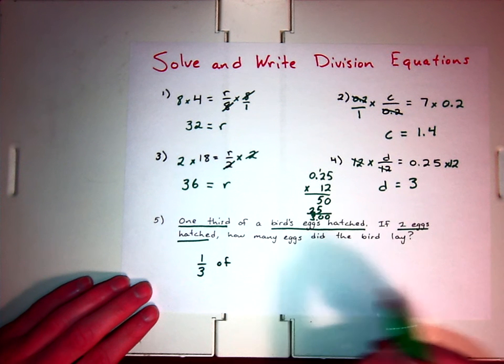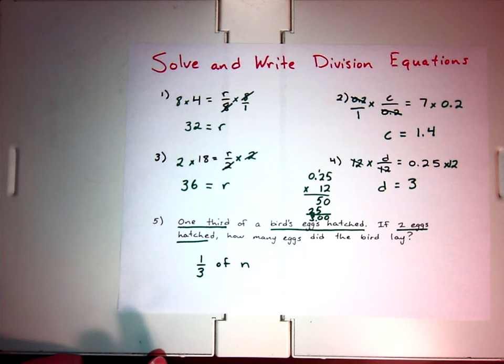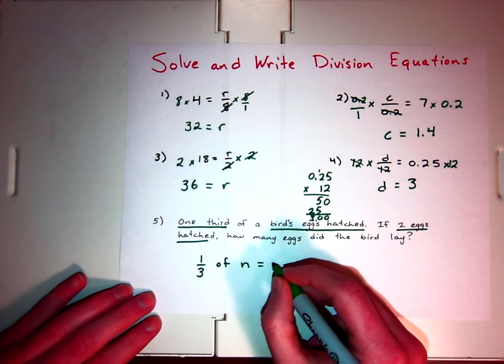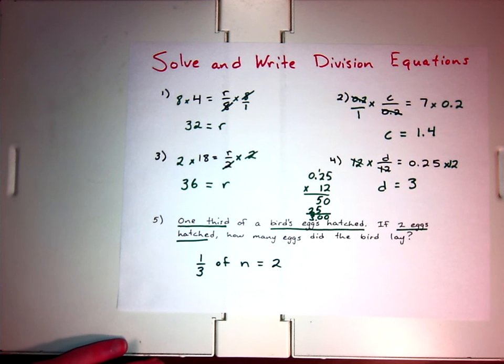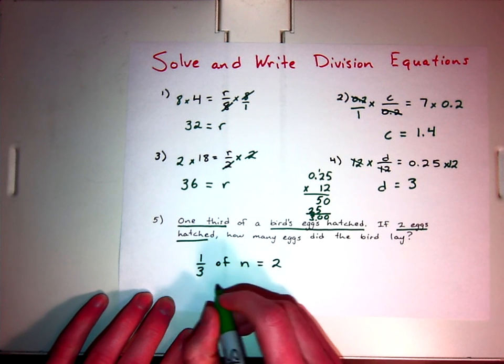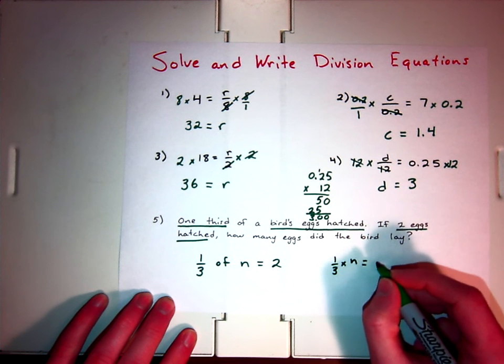Let's say we use the variable n equaling the number of eggs laid. 1/3 of the number of eggs laid by the bird hatched, and that is equal to 2. And we can simplify this. We could say, well, of could mean multiplication. 1/3 times n equals 2.